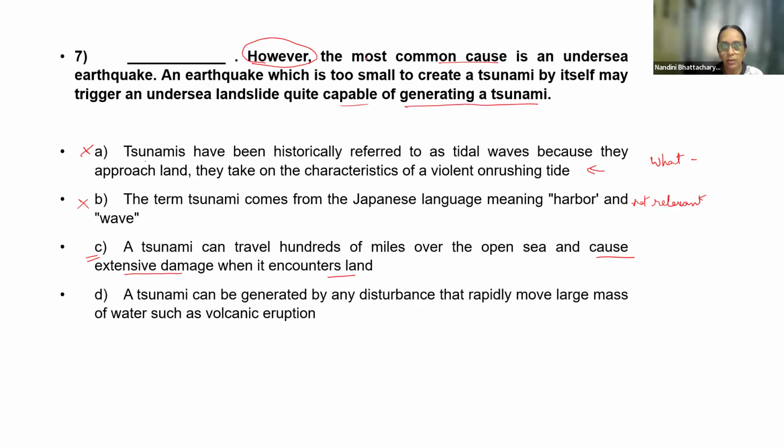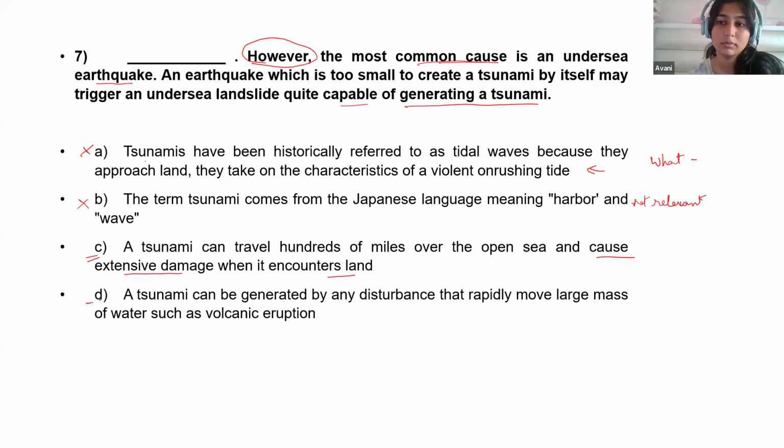Here we are talking about the common cause being an undersea earthquake. Now you have to come down to one answer. Ma'am, D. Ma'am, I will be going with C. You will be going with C. Avni, you will be going with D.